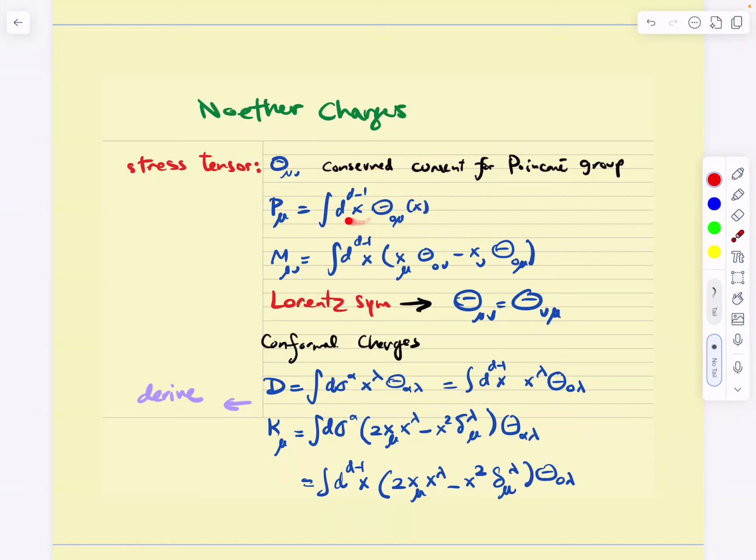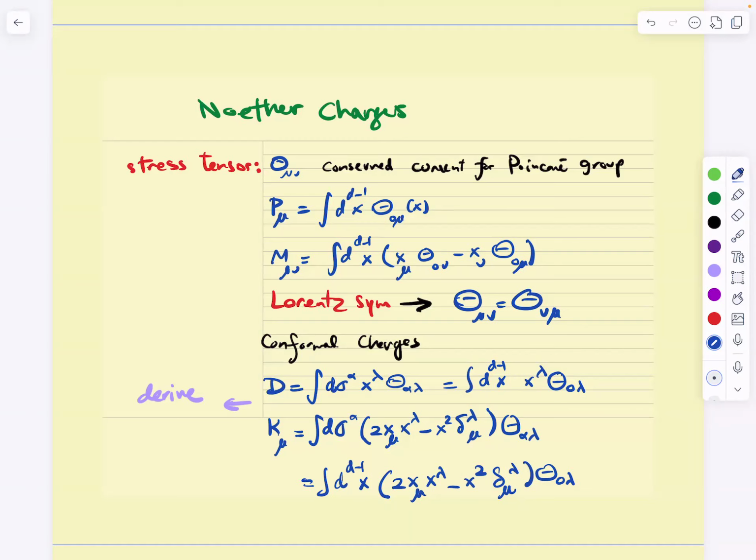If you integrate this on a constant time slice, so this is space dimensions, d^{d-1}x, if you integrate theta of 0 mu, so what is theta of 0, 0? The 0, 0 component of the stress tensor is, anyone? Energy density.